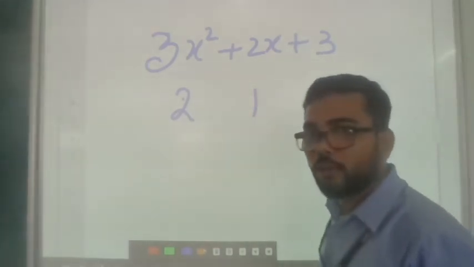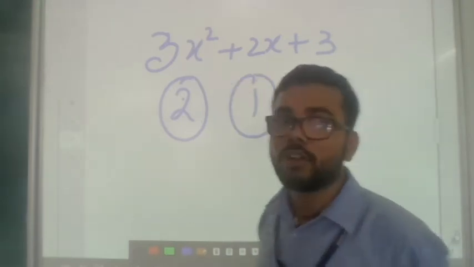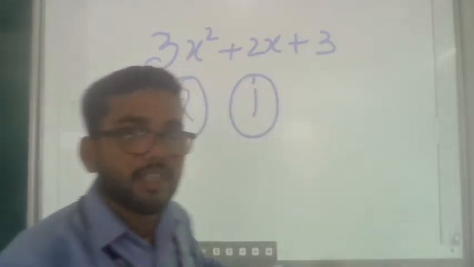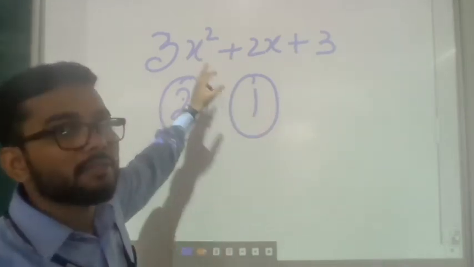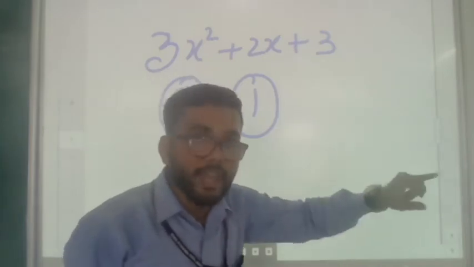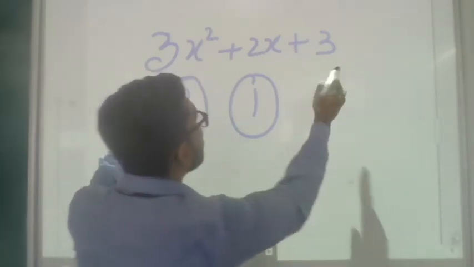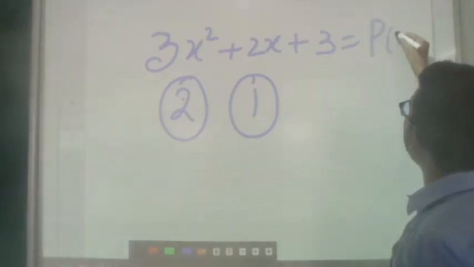So what you will observe is that the powers of the variables are non-negative integers, means positive. 2 and 1 are positive, that is why it is a polynomial. It is a polynomial in variable x, that is why this polynomial is represented by p(x).